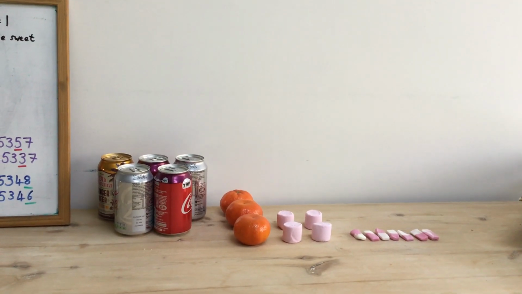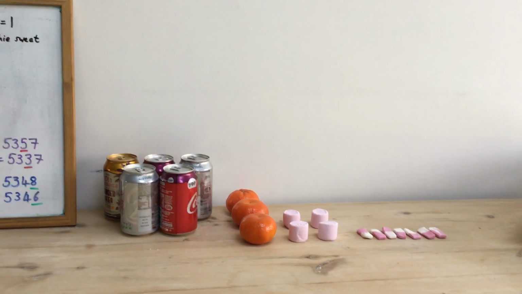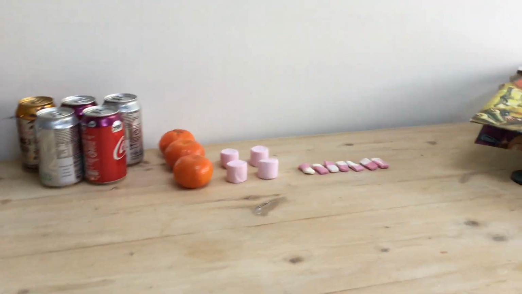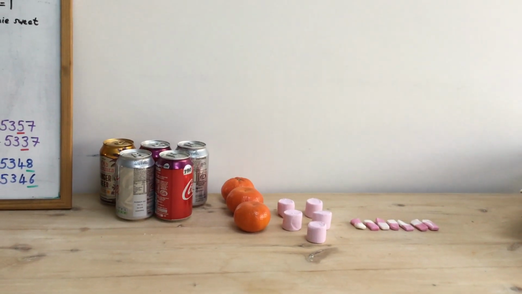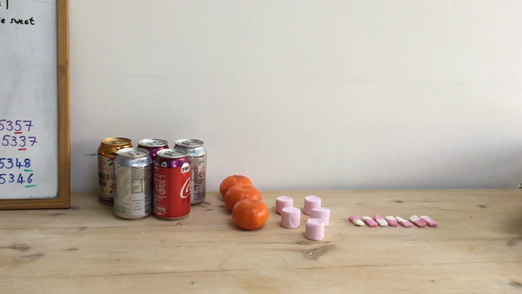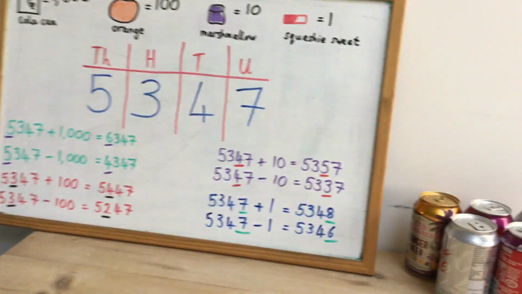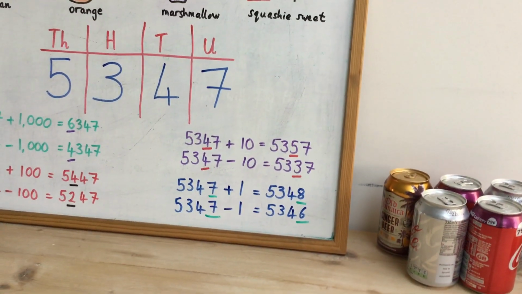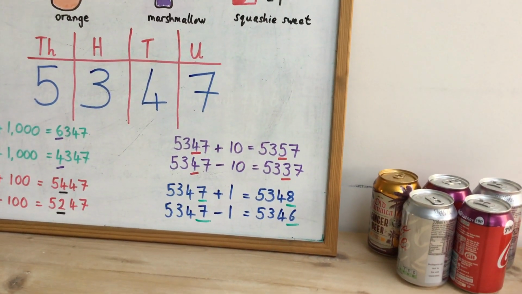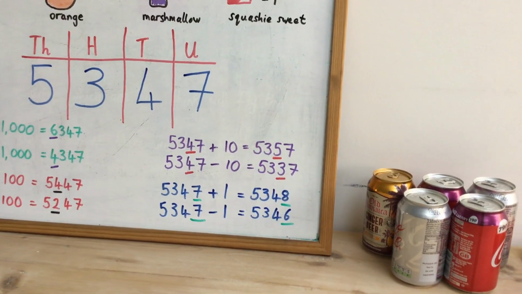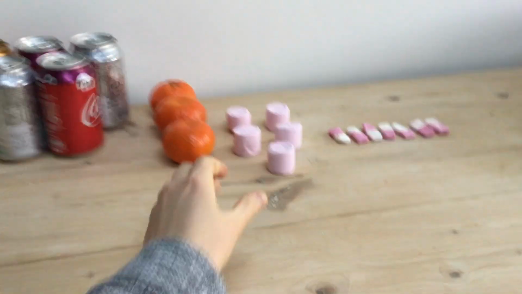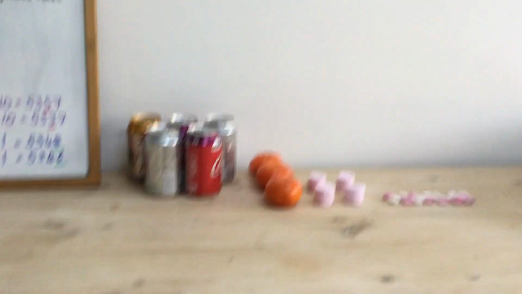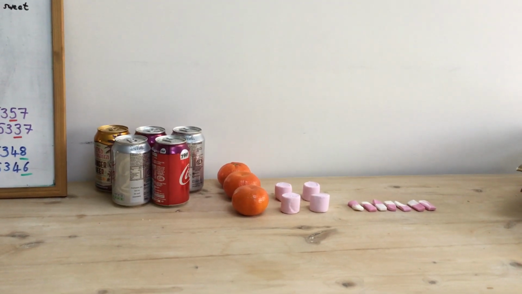Okay, let's try now with the tens. So 5,347, I'm going to add a 10. Here's my extra 10. Now I've got 5,357. As you can see in the purple, the tens digit is the only digit that's changed and it's gone up by 1. If I go back to my original number, this time I'm going to subtract a 10.